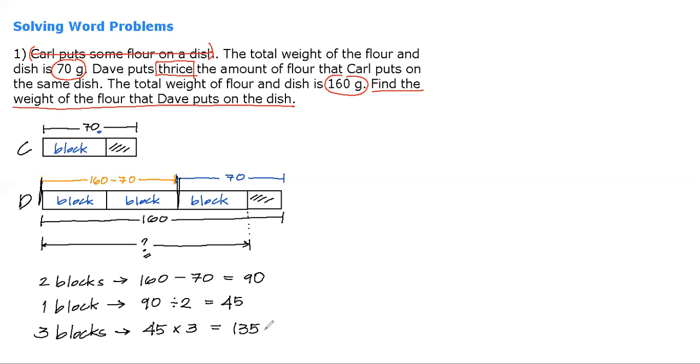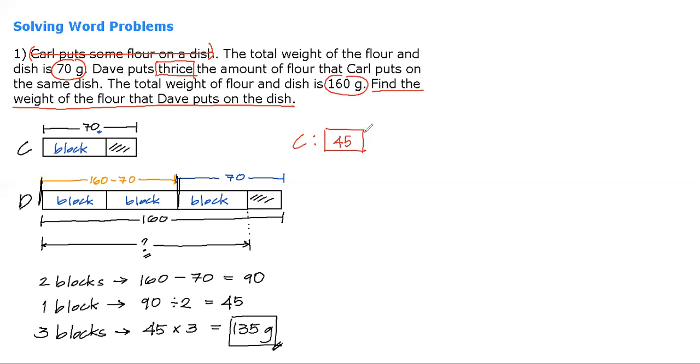If your answer is 135 grams, then your answer is correct. Now, if you don't know if your answer is correct, let's find out. Suppose you have one block for Carl. That particular block is 45.